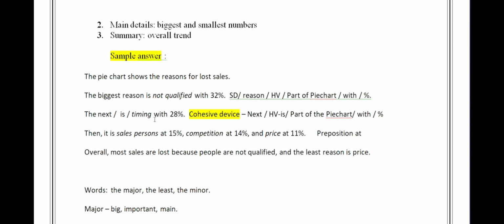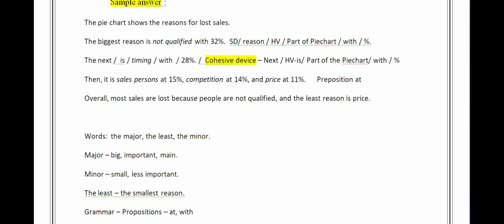Try to be your own teacher so that you don't make mistakes. So we are going perfectly in order. It is the cohesive device, it is the helping verb, it is the part of the pie chart, it is the preposition, and it is the percentage. How clear the sentence is. You all can easily command it.